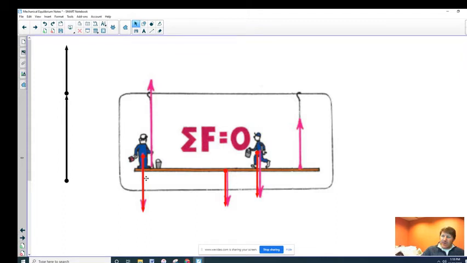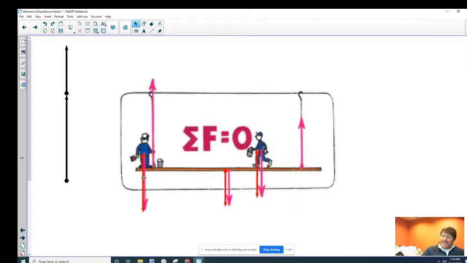And then these downward forces, if I put those side by side, you can see that they subtract out and cancel out completely. So the upward and downward vectors cancel out. And so this system here is in equilibrium. It's in a special kind of equilibrium called static equilibrium, which I'll get to right here.